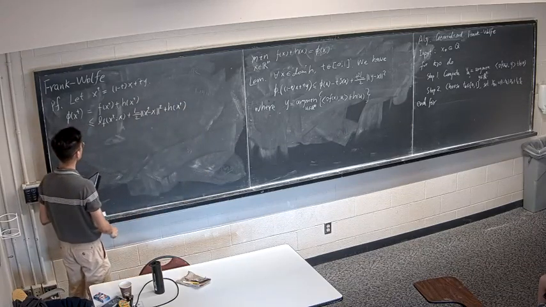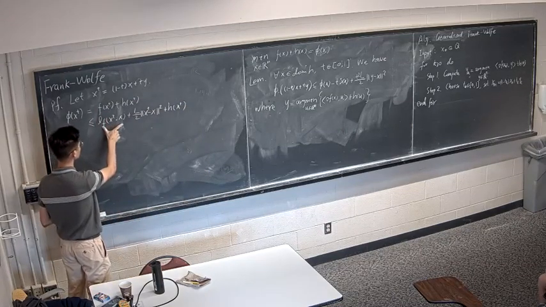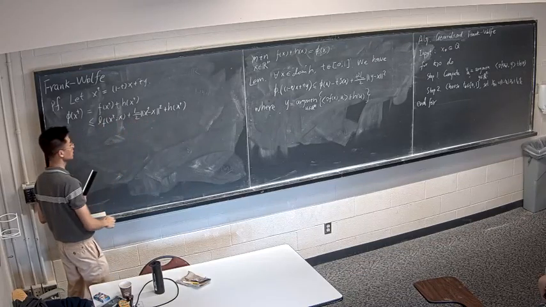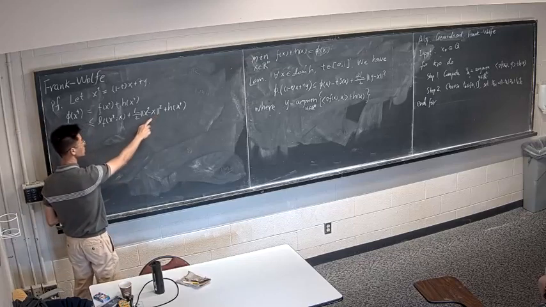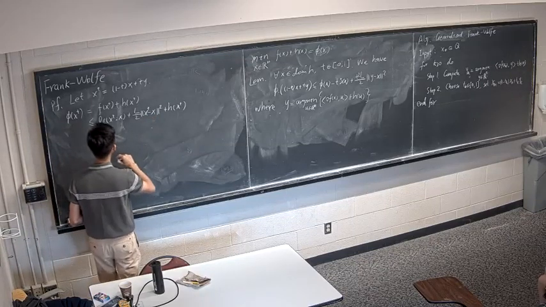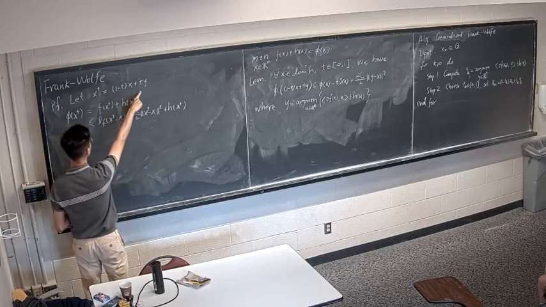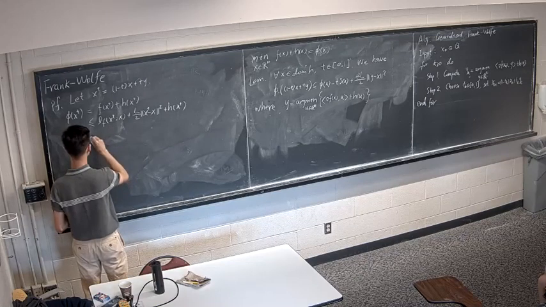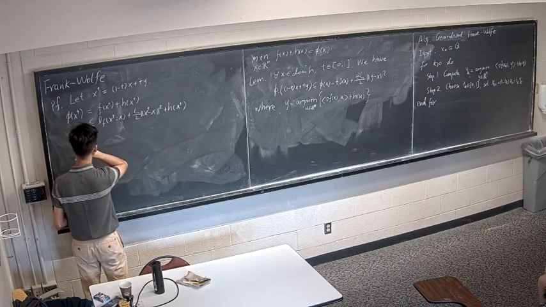Right, here we just upper bound f by its linearization plus a quadratic term. This is by the smoothness of f, and this norm can be a general norm. And because x plus has this form, let's plug in x plus.